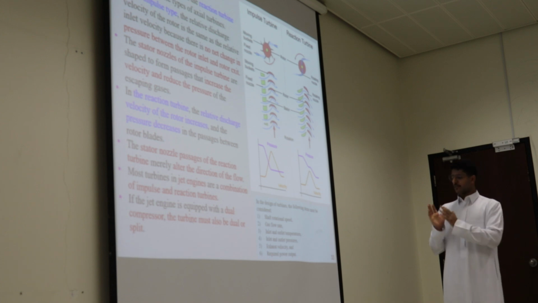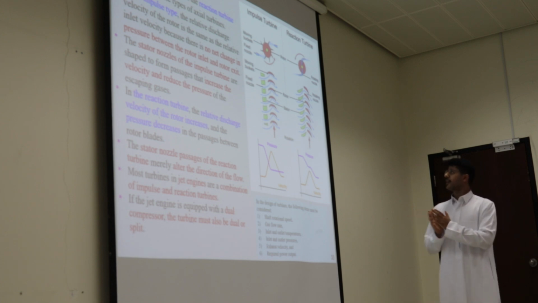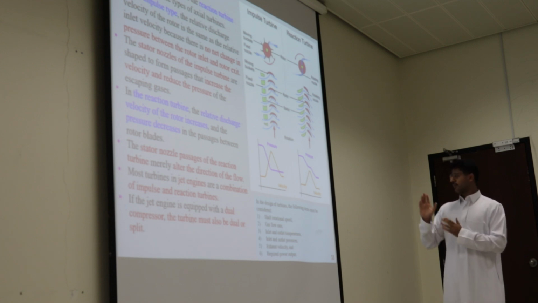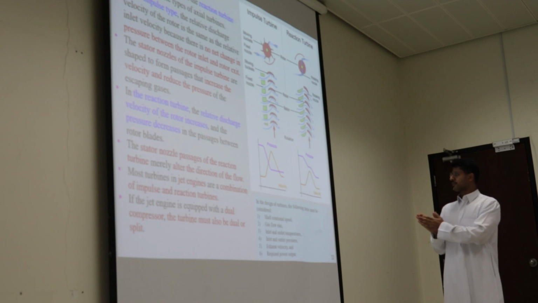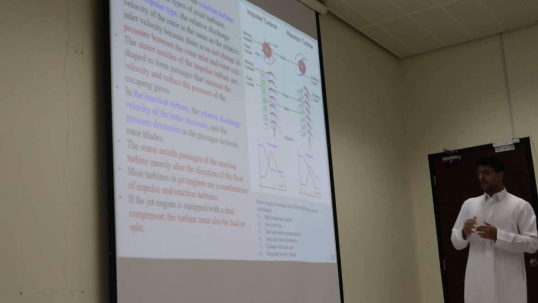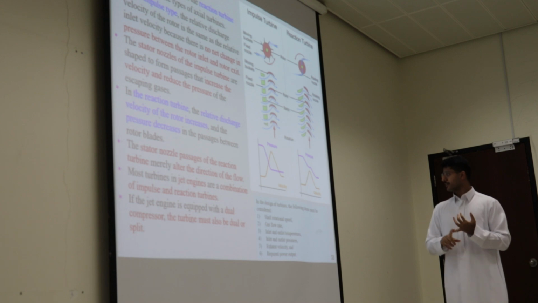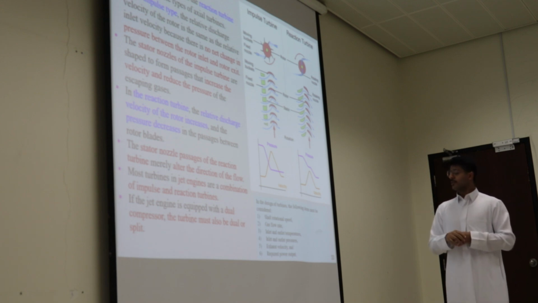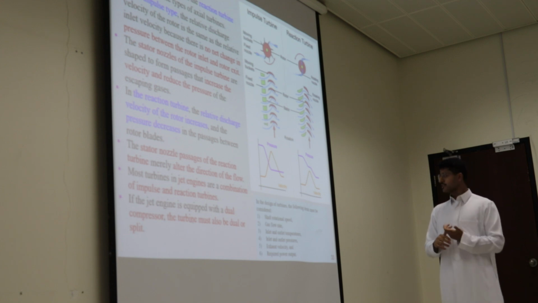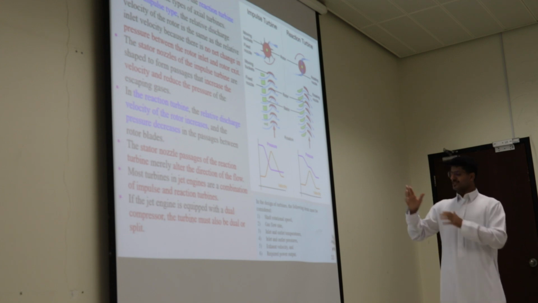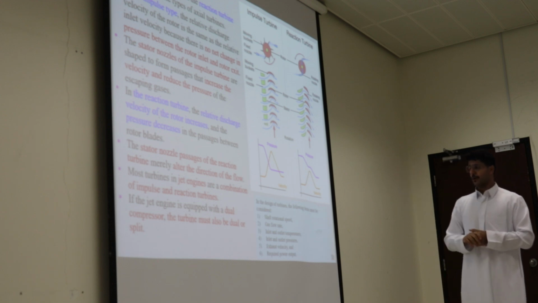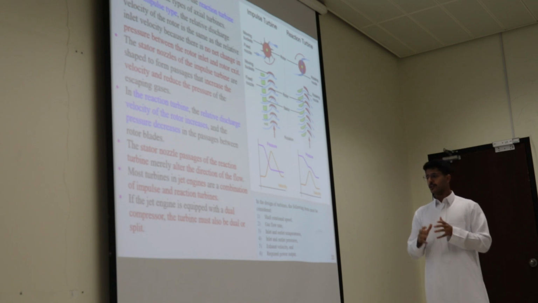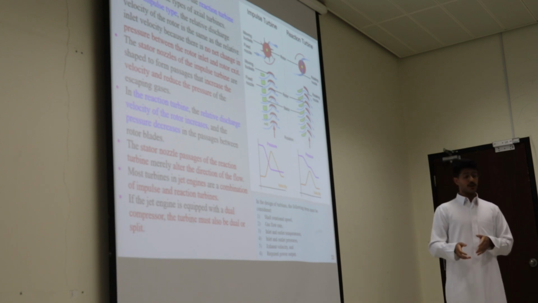Its main function here is to guide the flow at a certain angle to match the rotor angle. The rotors extract the energy by decreasing the pressure and the velocity. The reaction turbine experiences some variation in pressure, which is different from the impulse turbine. Jet engines use a combination of both impulse and reaction turbines.